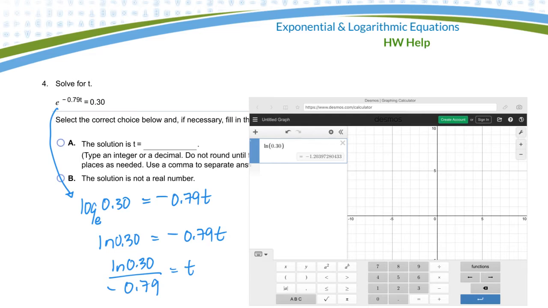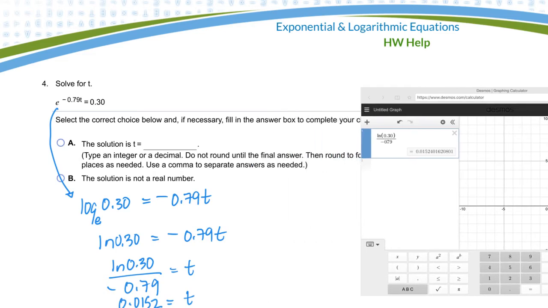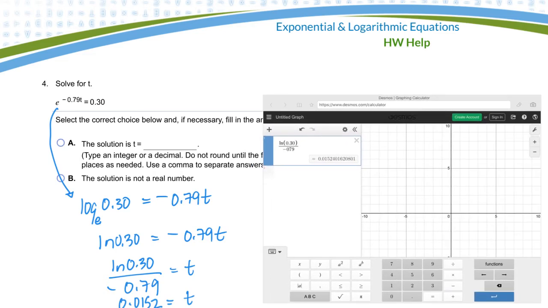Okay, divided by negative 0.79. There we go. So my answer is t is going to be equal to 0.0152. Now they say don't round until the end, and they want round to 4 decimal places. So yeah, I think I've got 0.0152. Yeah, I think that's rounded correctly.